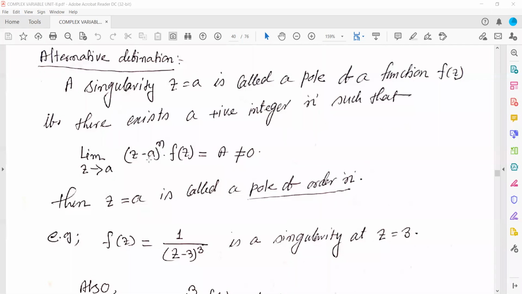Then the point z equal to a is called the pole of order n.